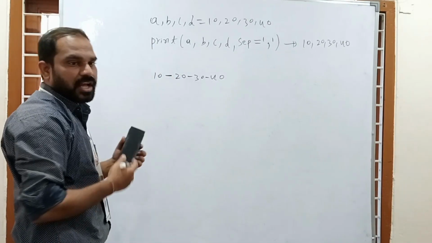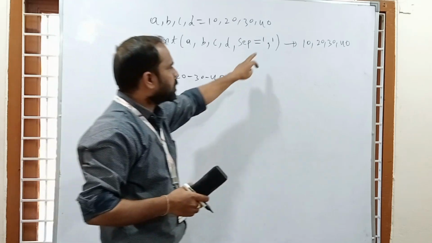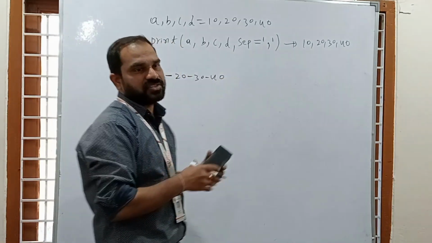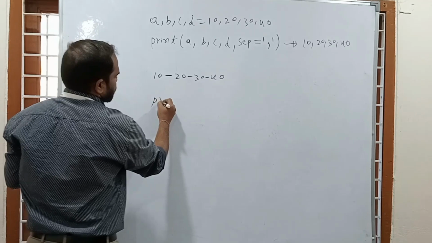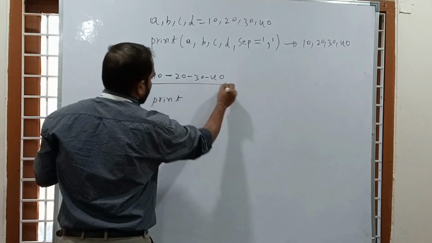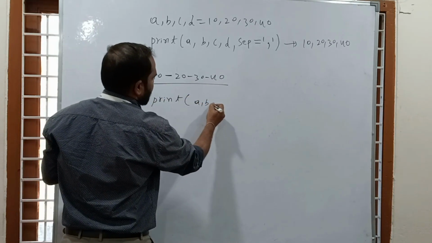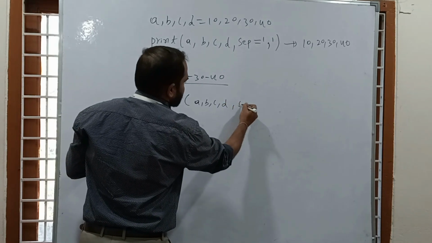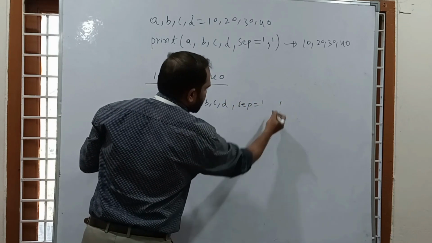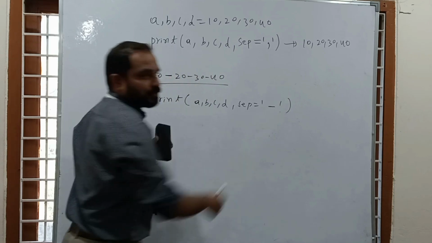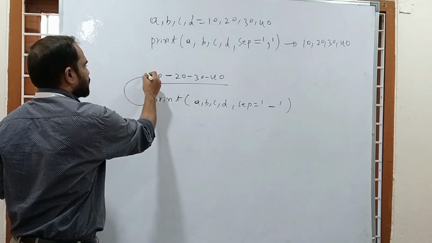So how can we achieve this? In the place of comma, just provide dash or hyphen there. To get this type of output, you can use the print function like this. Sep equal to, in the inverted quotes, use dash. The output will appear like this.